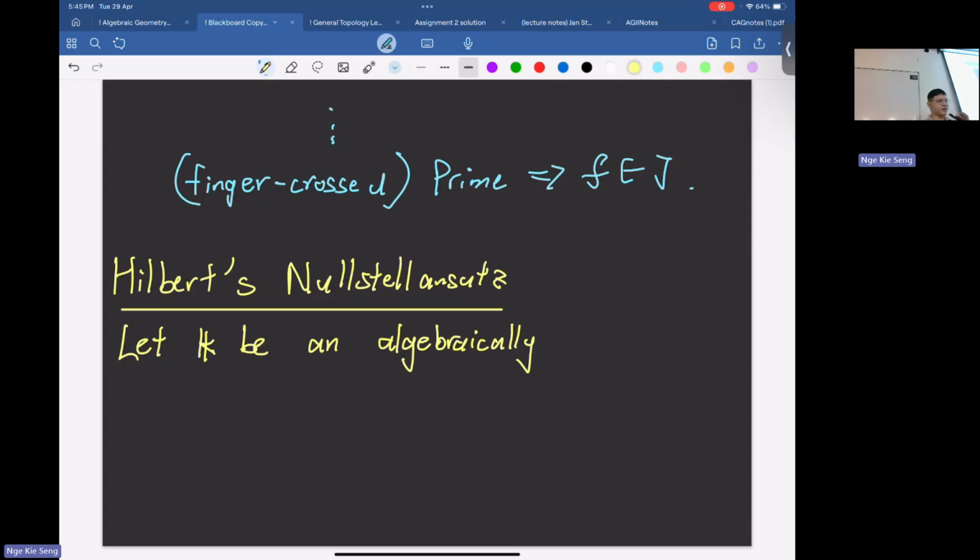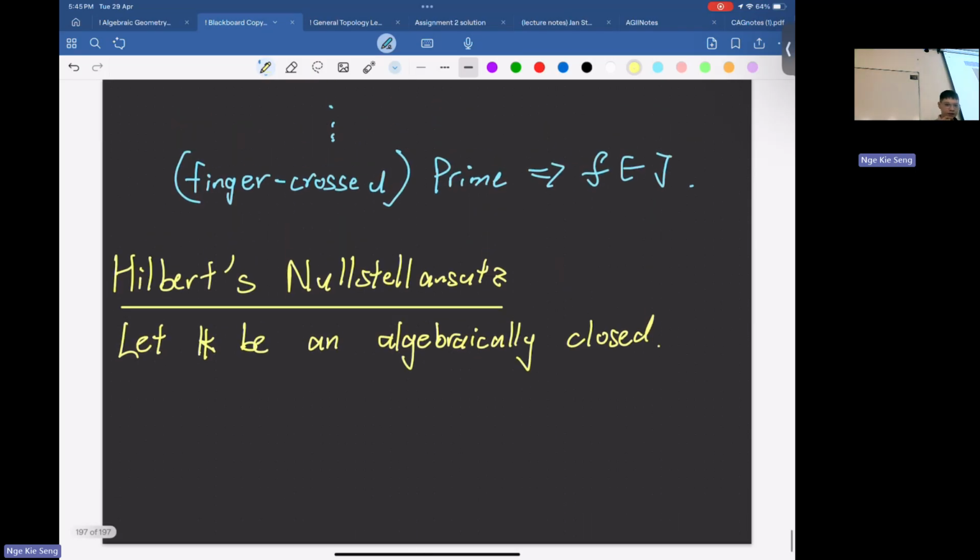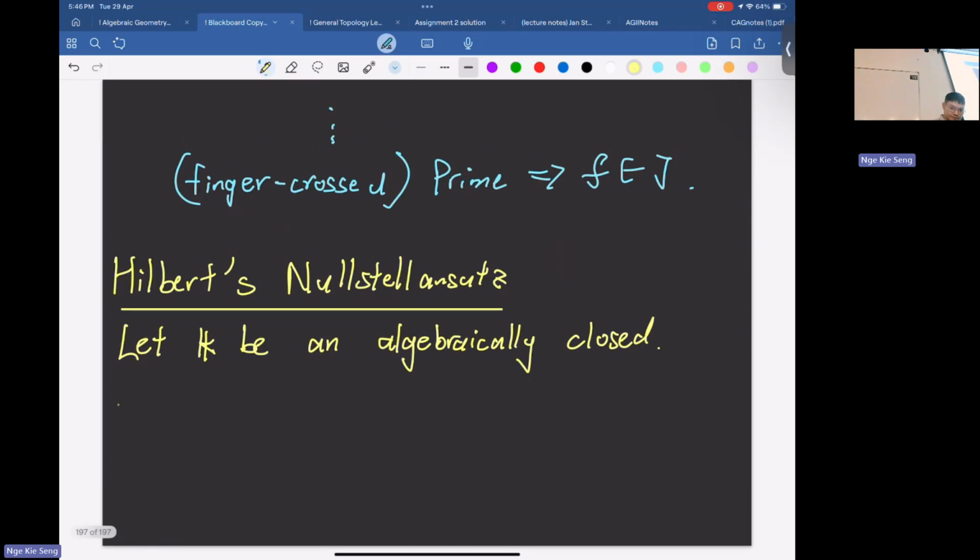There's some issue that the ring part and the geometry part don't quite match up. So now we just restrict ourselves to an algebraically closed field. That's also the reason why you see some texts just restrict their field to algebraically closed. They want this Hilbert Nullstellensatz to hold. For this to hold, you will need an algebraically closed field. And then the first thing you can prove is that there's a correspondence between points and maximal ideals.